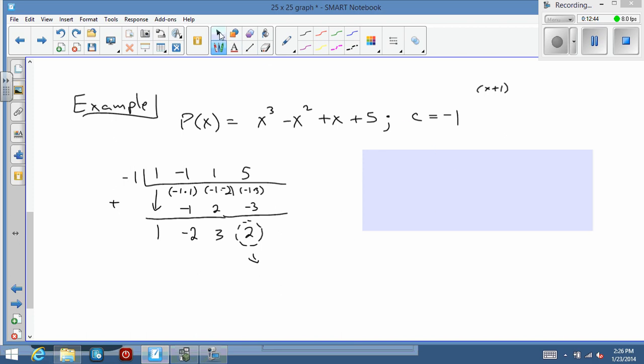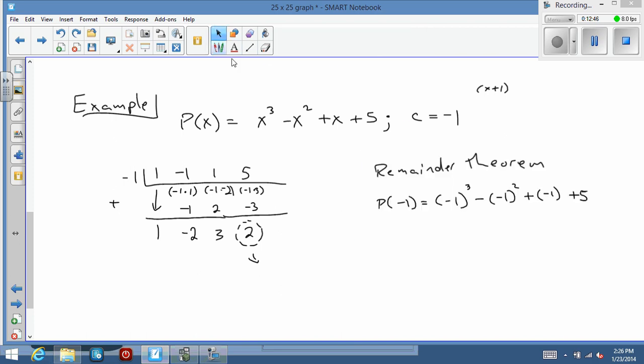Now if I go over here and do the remainder theorem, I'm plugging in -1. I'm doing p of -1. So I get -1 cubed, which is -1, minus -1 squared. Well, -1 squared is +1, so minus 1, plus a -1, so -1, plus 5.